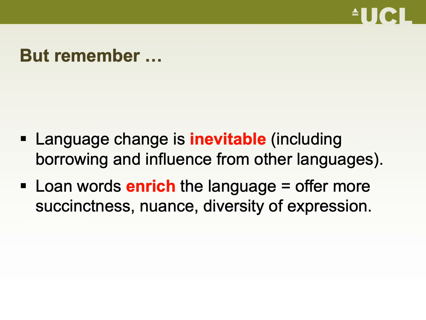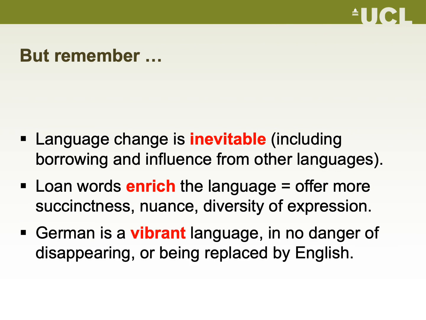They're not anything to do with laziness or showing off, maybe a little bit of showing off, but certainly not laziness. They are there to enrich the language. They offer more succinctness, nuance, diversity of expression. And it's important to remember that German is a vibrant language. It's in no danger of disappearing or indeed being replaced by English.